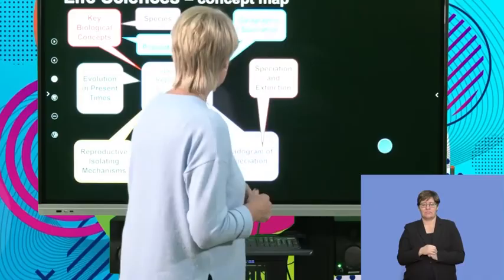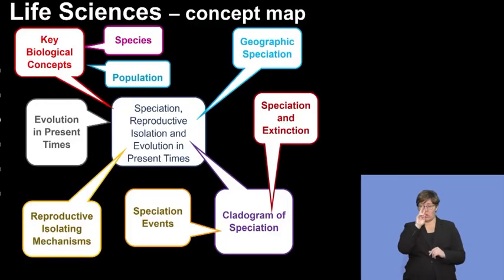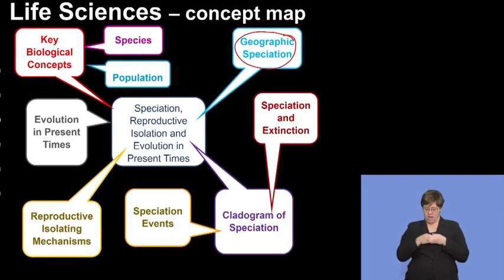We're going to now look at some examples of where speciation has taken place, and how we determine how speciation has occurred by looking at a cladogram. So let's have a look here on the board. We've completed geographic speciation, where we looked at how speciation occurs due to a physical barrier.